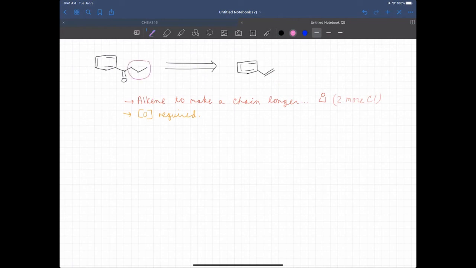The hint lies with this here, right? Since R group attachment is a terminal R group attachment, you are going to use basic conditions.